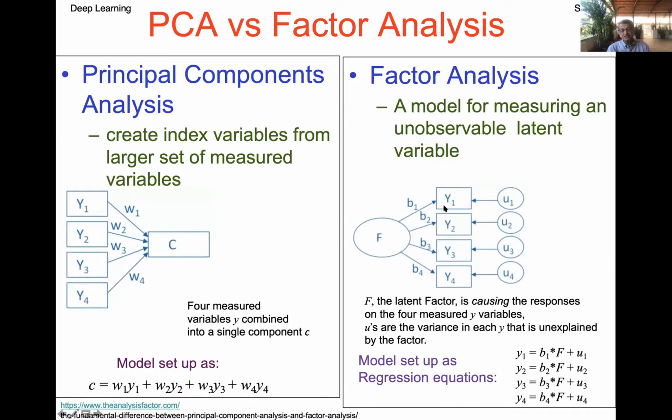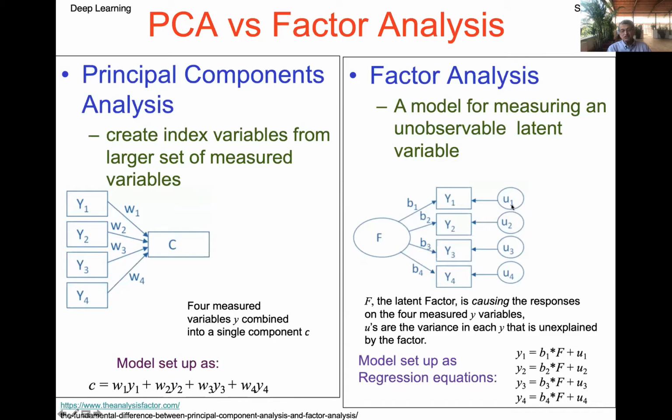In factor analysis, we have a set of variables y1 through y4. But we say that these observations are caused by a factor f. This is like that verbal ability. So the observed values on the subjects are some combination like y1 equals b1 times f plus some u1.